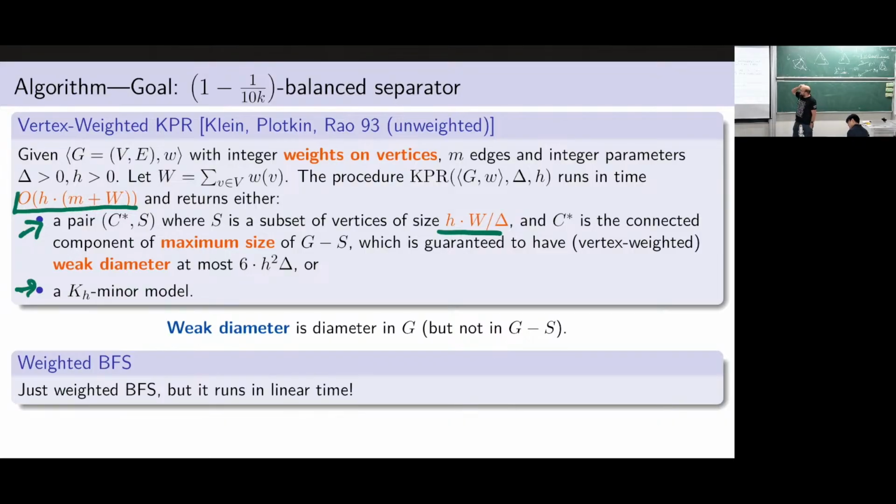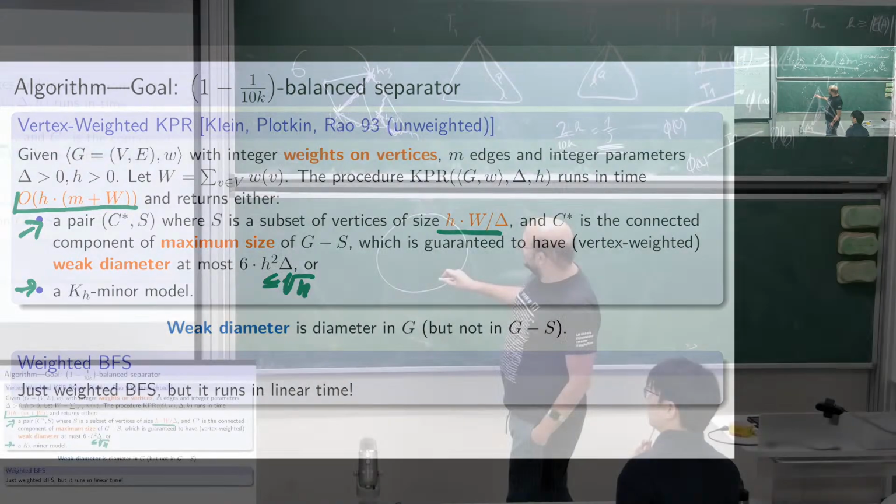of weak diameter at most this number, but really this number is set up to be at most square root of n. So this number should be at most square root of n. That's how we set up delta. And what this weak diameter is: it is just the diameter in G. So maybe we have G. Let me do a picture.